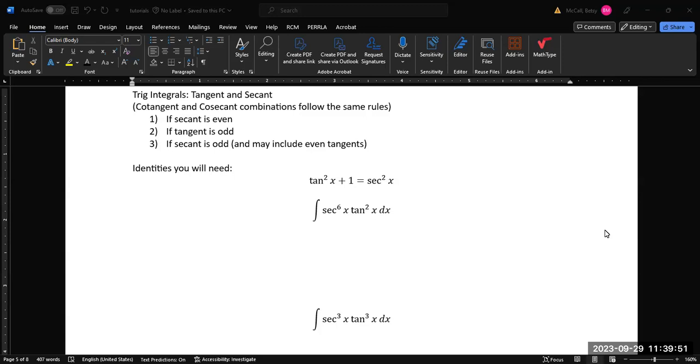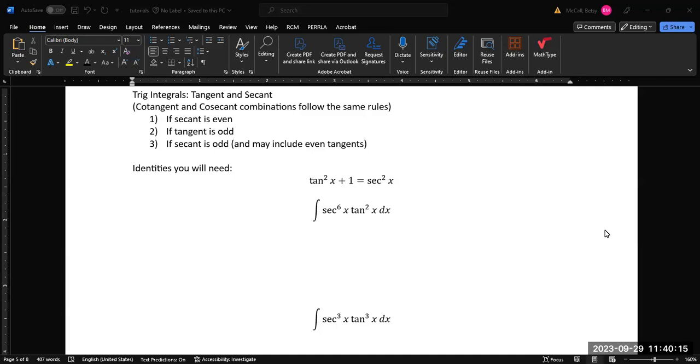So our first scenario is going to be if the secant is even. The general idea here is if secant is even, regardless of what's going on with the tangents, we can pull out two of those secants to be our derivative and convert the remaining even secants to tangents, and then we will have tangents and its derivative.